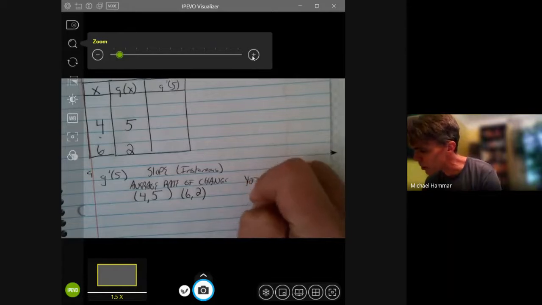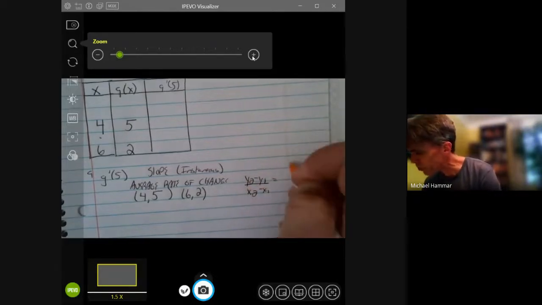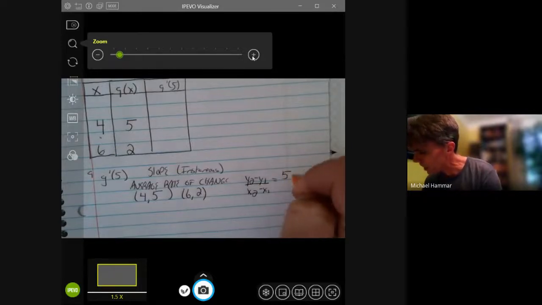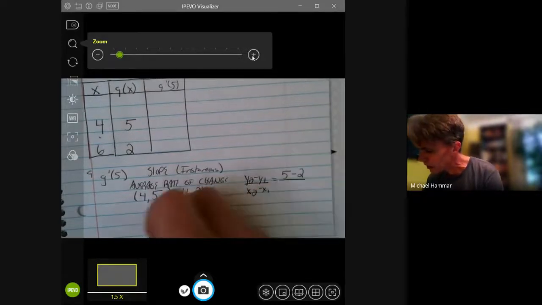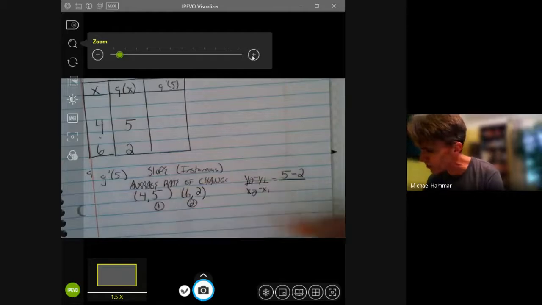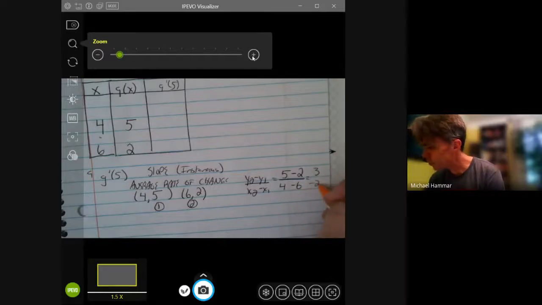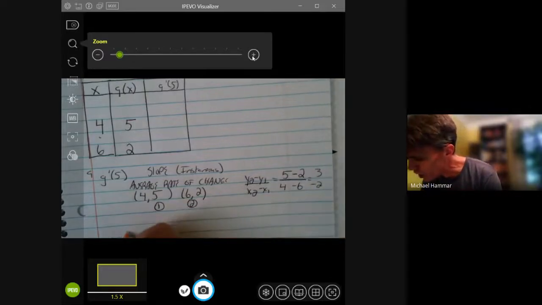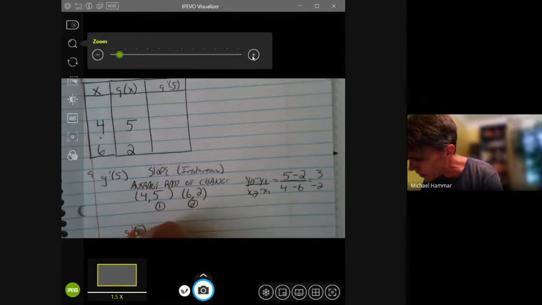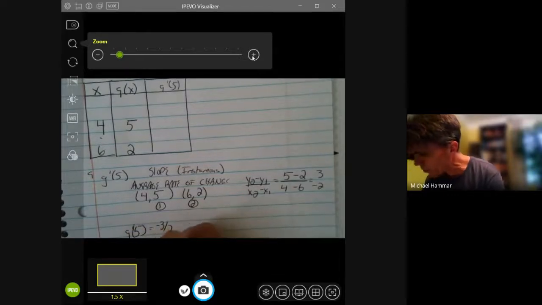I'm going to do 5 minus 2, because I'm going to call this point 1 and this point 2, and then 4 minus 6. So I get 3 over negative 2. So g prime of 5 is equal to negative 3/2.